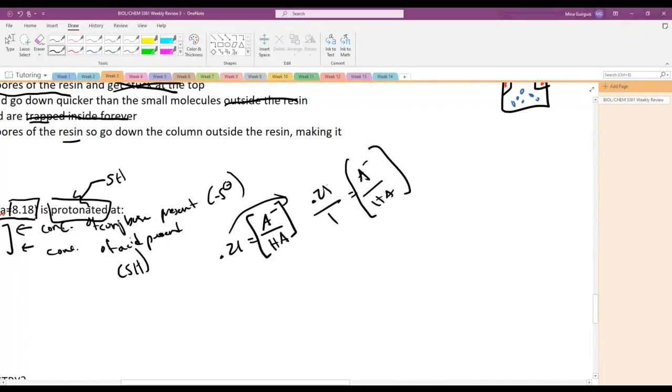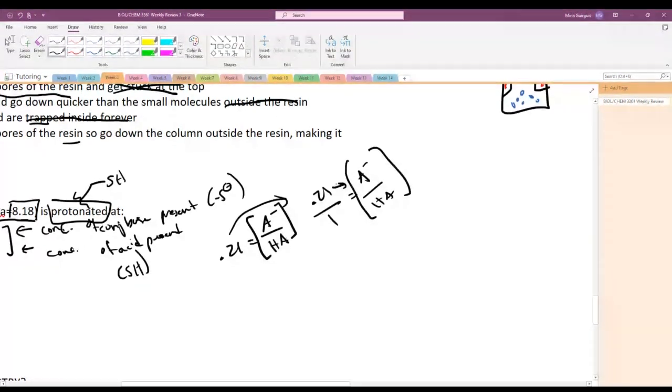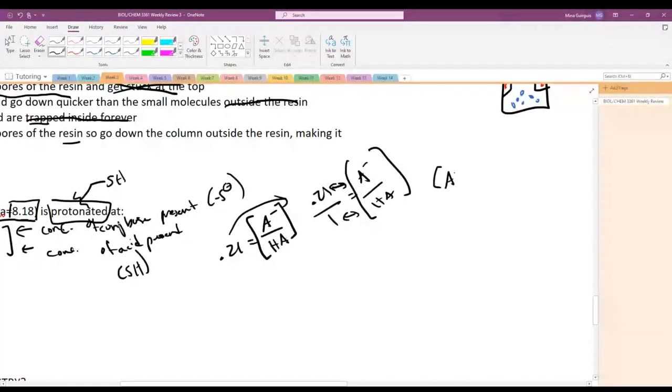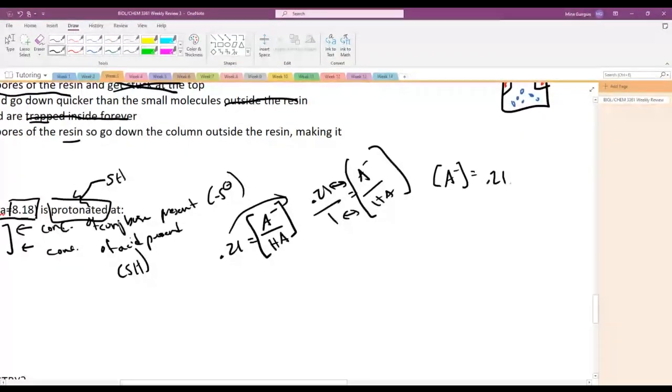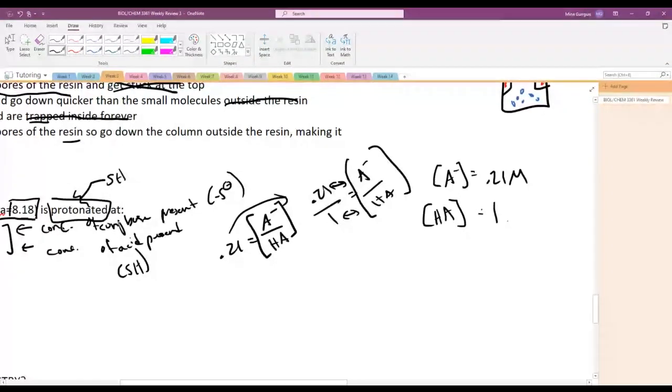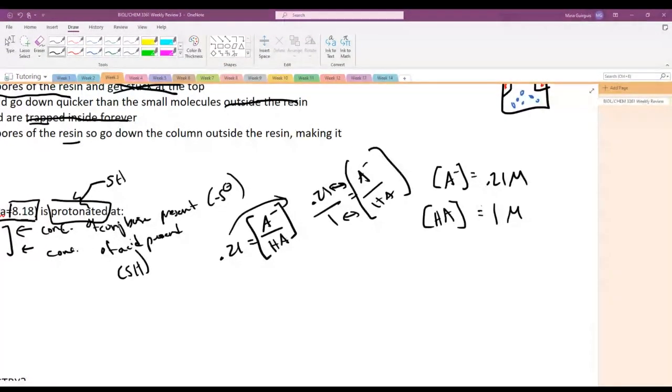But now what we do is we attribute this 1 to 1. So we say the concentration of A minus is going to be 0.21. The concentration of HA is going to be 1. So we're dealing with molar here. So we're going to say A minus equals 0.21 molar. Concentration of HA equals 1 molar. Okay, does that make sense? That's something I think a lot of students get confused on. I get confused on it from time to time. It takes me a minute to make sure I'm doing it right. So I want to make sure I ask, are we okay with this? It's a weird step.